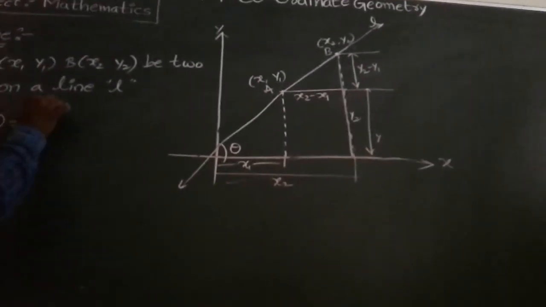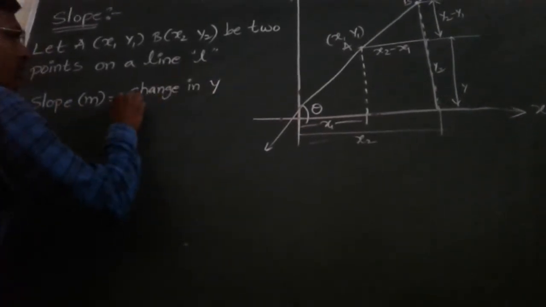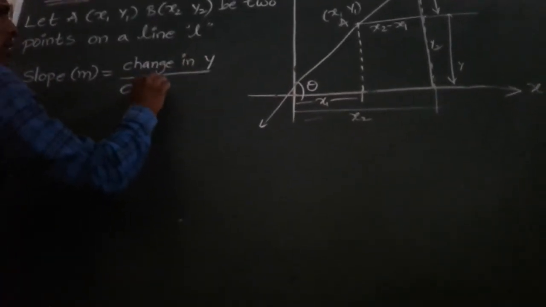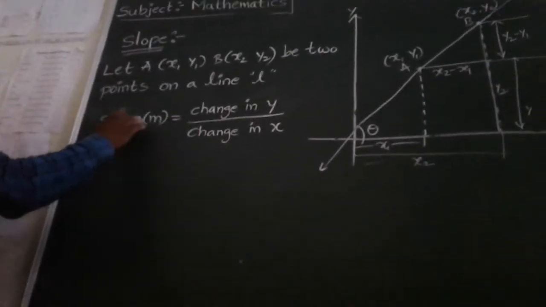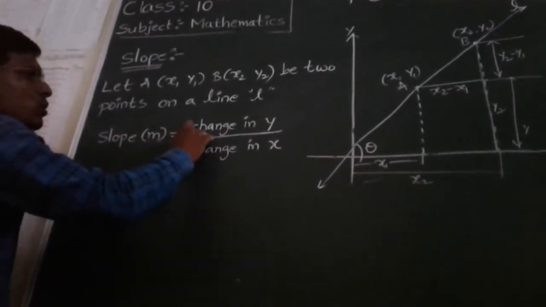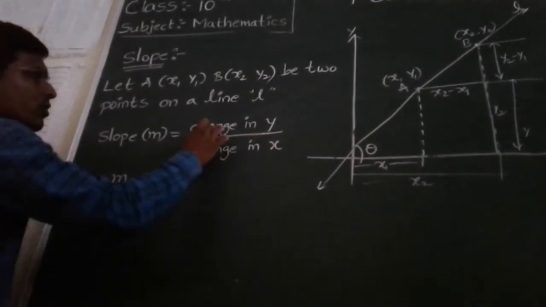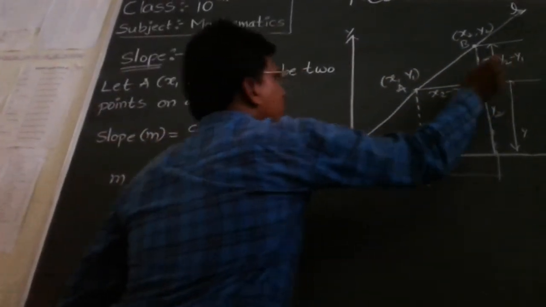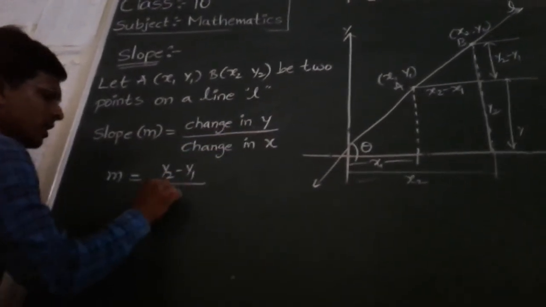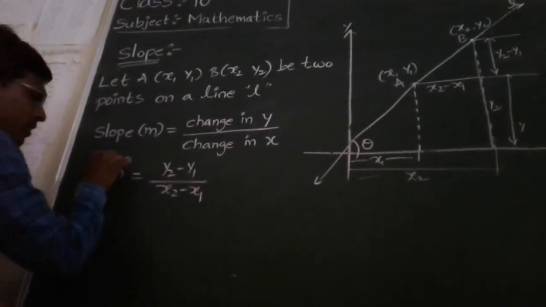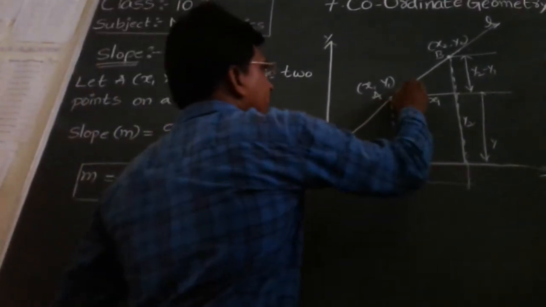So m is equal to change in y by change in x. What is the change in y? y2 minus y1, by the change in x, x2 minus x1.